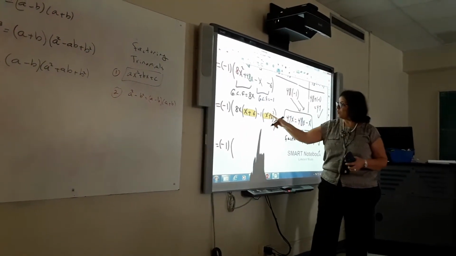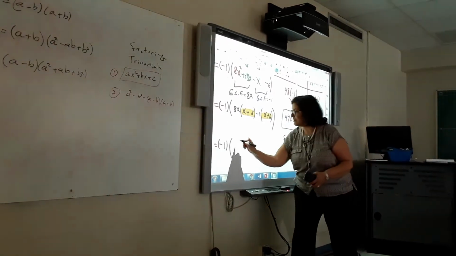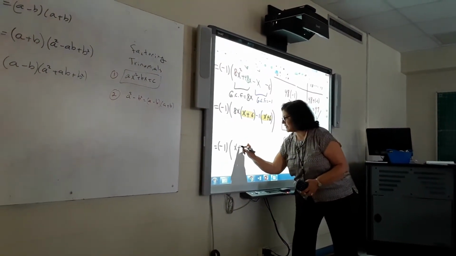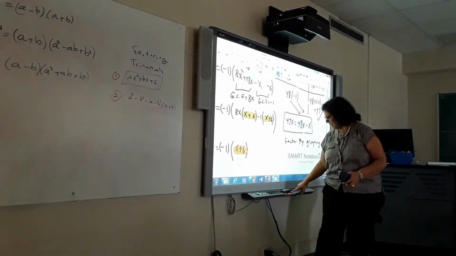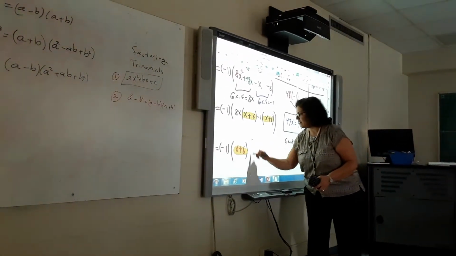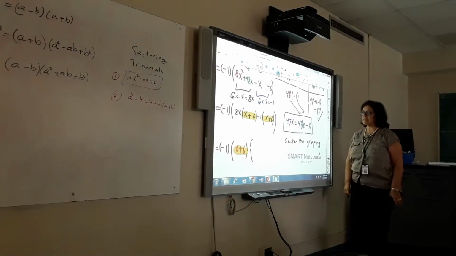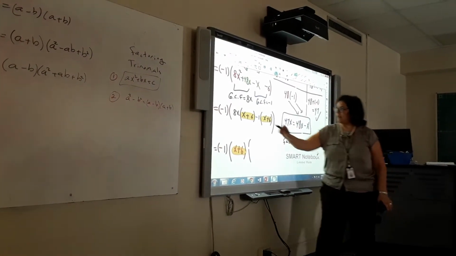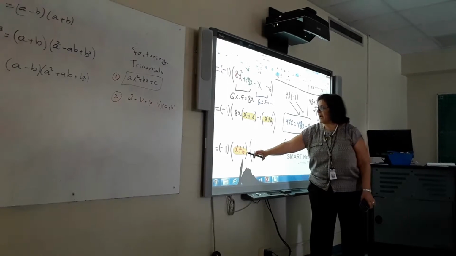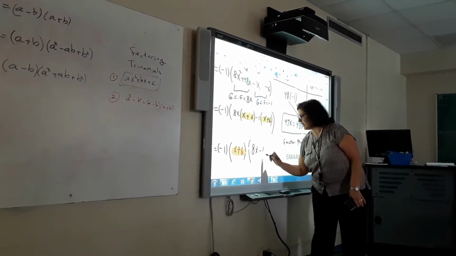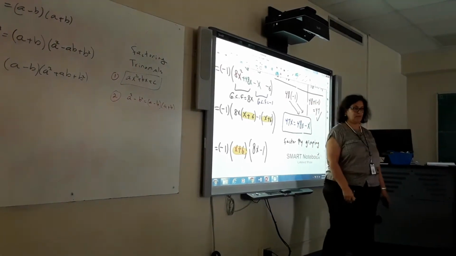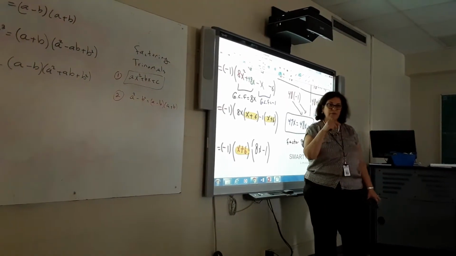You take x plus 6 outside, I'm going to highlight it, and I'm going to open parentheses. What will be inside those parentheses? 8x minus 1. The x plus 6 is out, so what do we get? 8x minus 1.